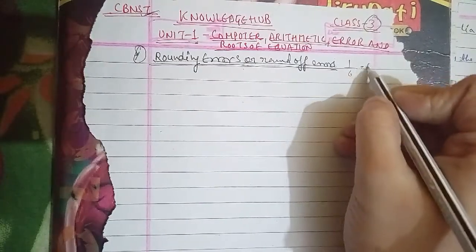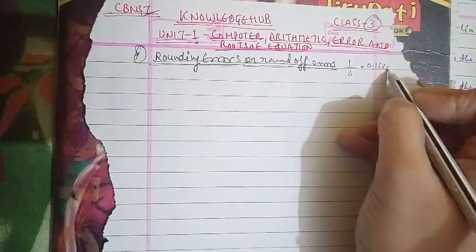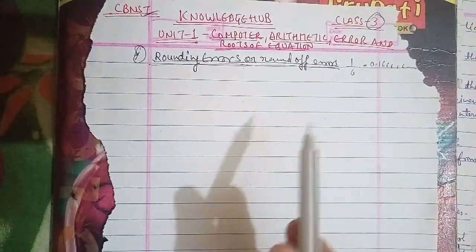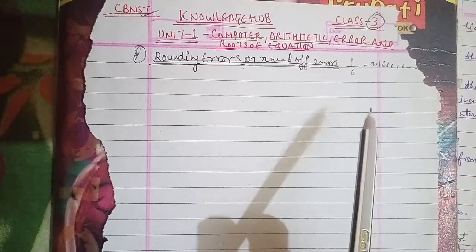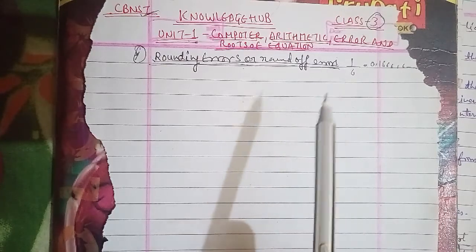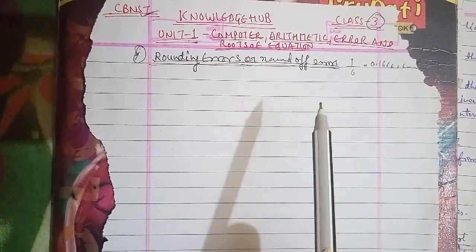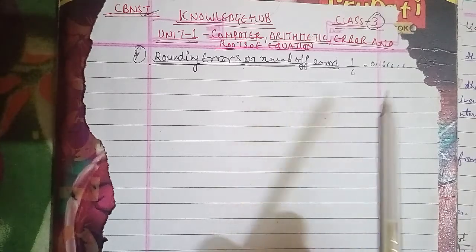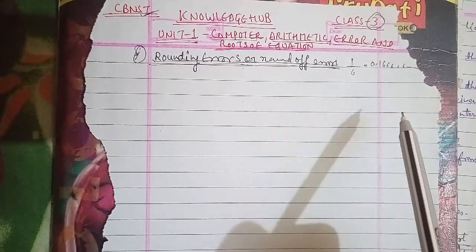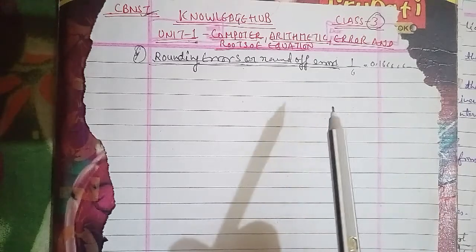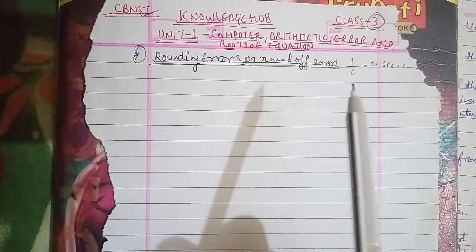If our computer represents only 6 significant digits after the decimal point, then the 6th digit must be rounded, and the value of 1/6 becomes 0.16667, where the last digit 6 becomes 7. Note that since the last digit is rounded off to 7, we have to find the error here as well.